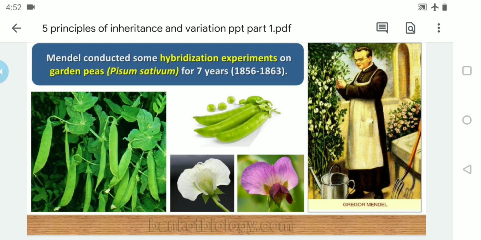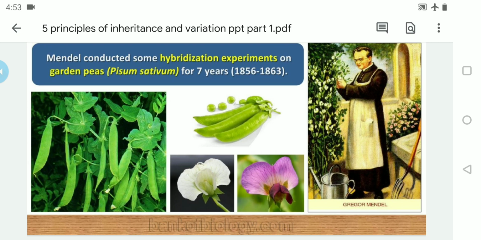Some children were earlier asking, sir, did he directly choose the pea plant? See, it is not clear that he selected only pea; he must have selected other plants also. But whatever expected results he got and noted, and the laws he gave, are based on the pea plant.